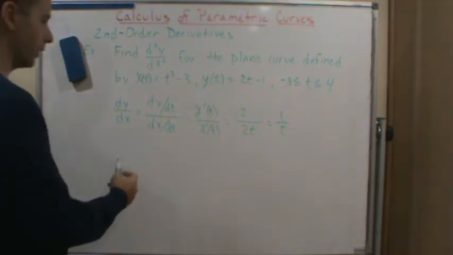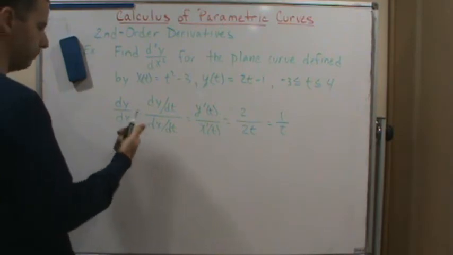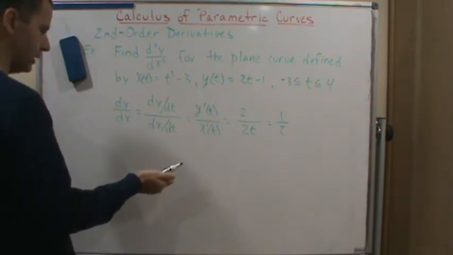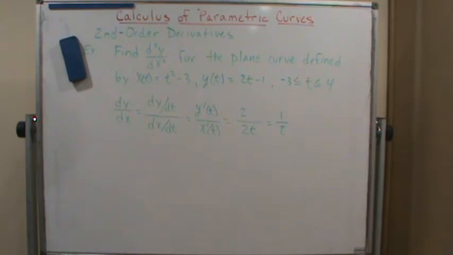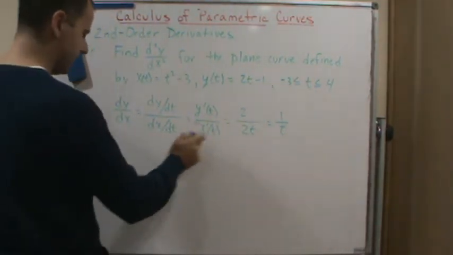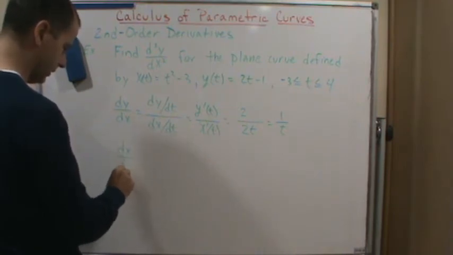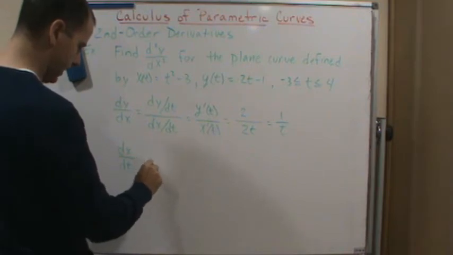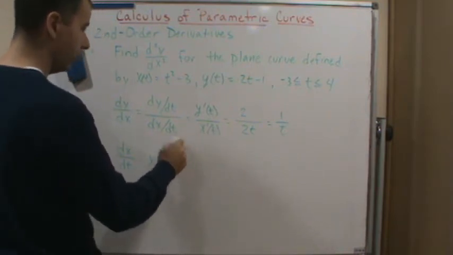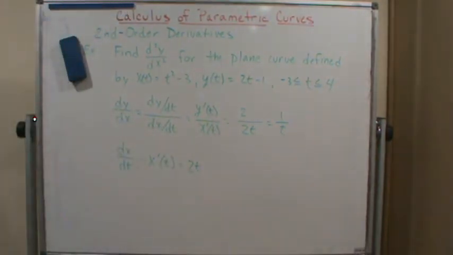And then, what do we do there? Well, we also need to know dx/dt. So we already know dx/dt. That's this. dx/dt is just x prime of t, which in this case is just 2t, right?